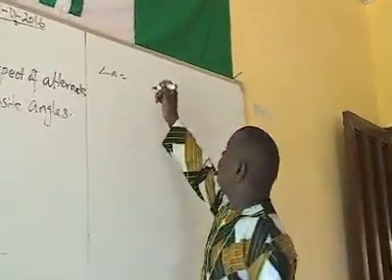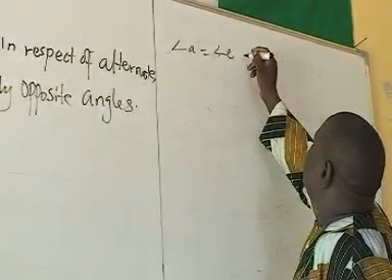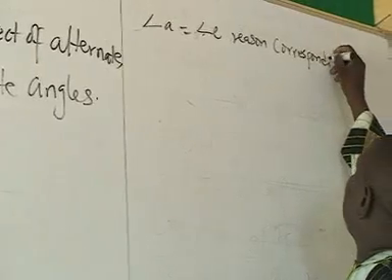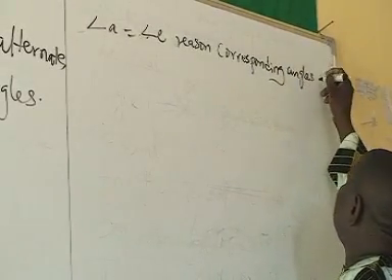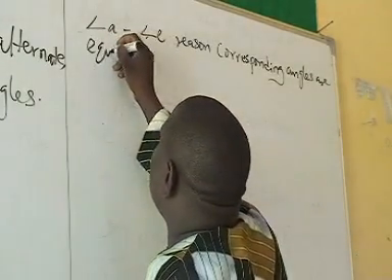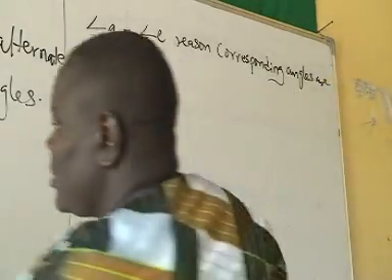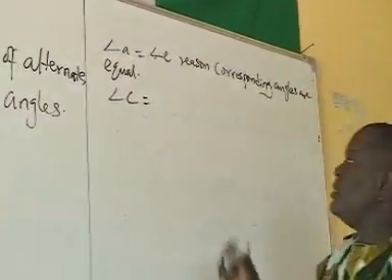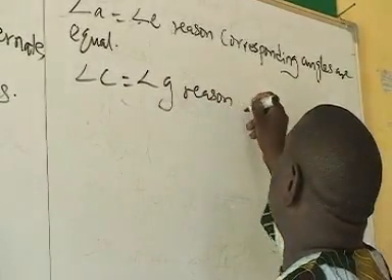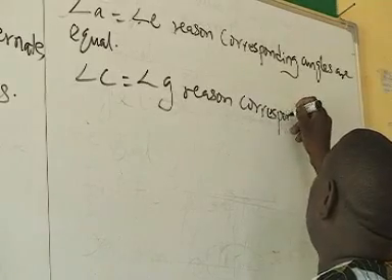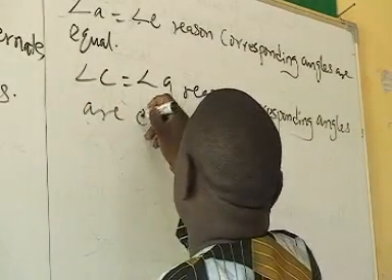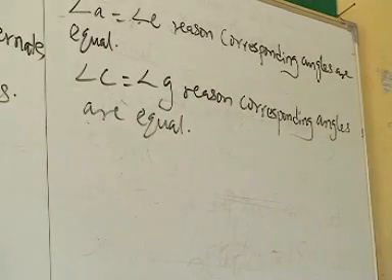A equals to E. C equals to what? Angle G. Corresponding angles are equal. Okay, we have done the proving for corresponding angles.